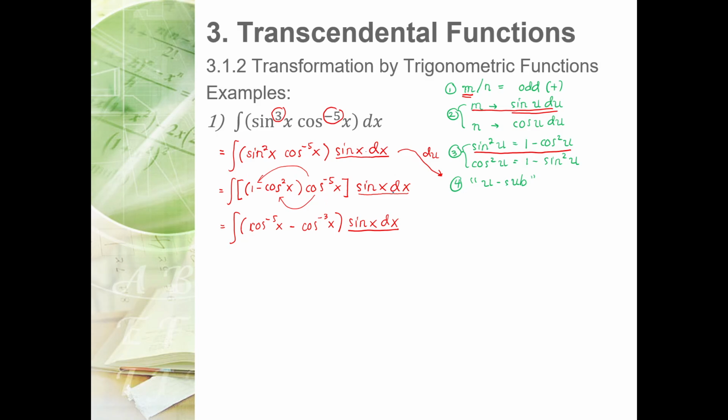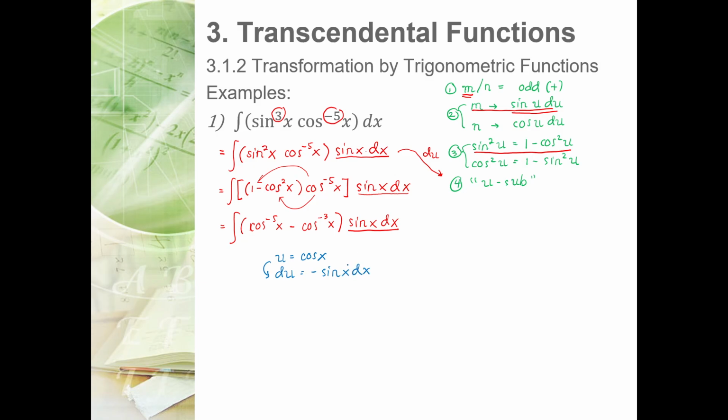So again, as we mentioned earlier, your sine x dx, the factored out term earlier, is a candidate for your derivative of your u sub. Since this one is sine x dx, most likely our u is cosine x, because the derivative of cosine is negative sine dx.